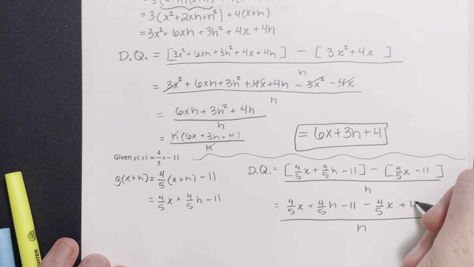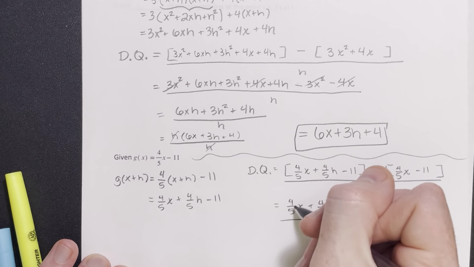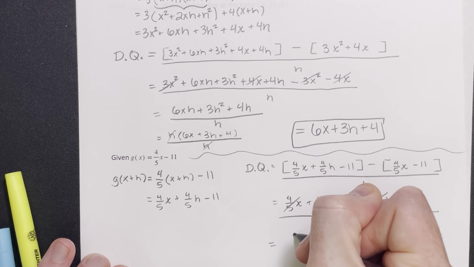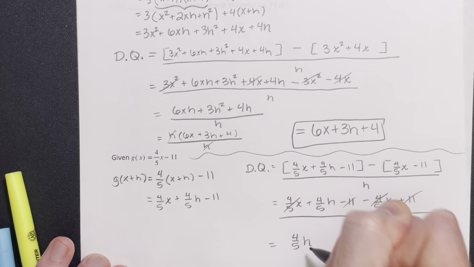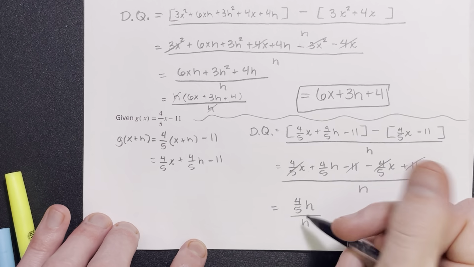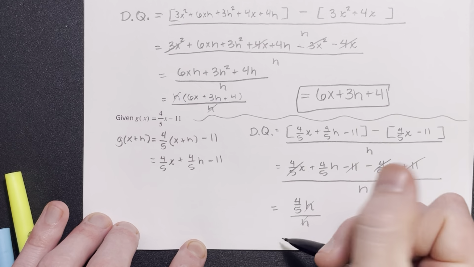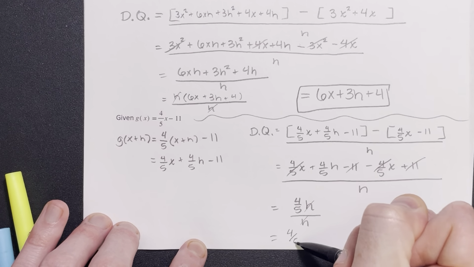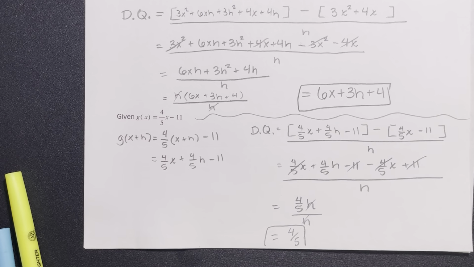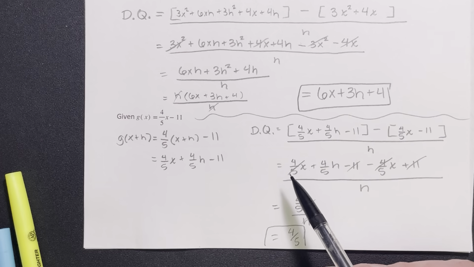So simplifying 11 and negative 11 is 0. Negative 4/5 x and positive 4/5 x is 0. We are left with only 4/5 h divided by h. By simplifying that fraction that has a common factor of h, this is only 4/5. So what looked a lot scarier is actually less work because we're not having to deal with something squared.